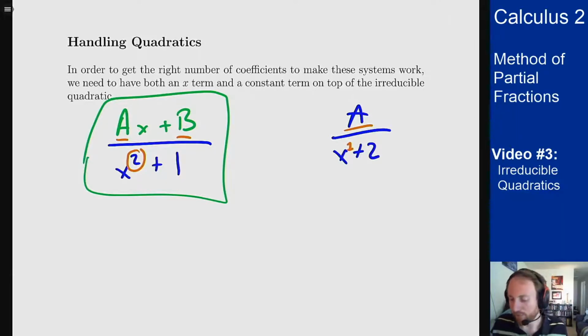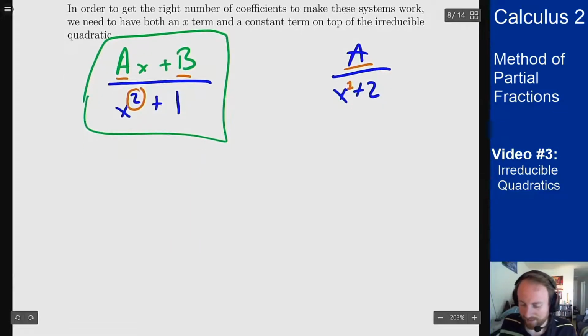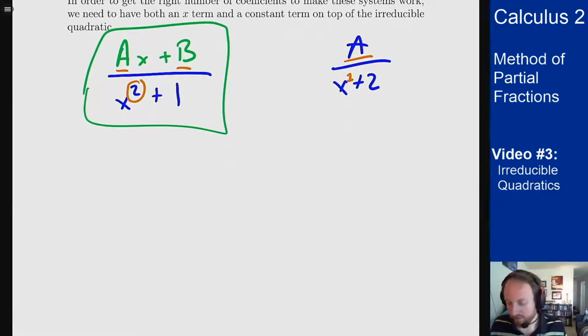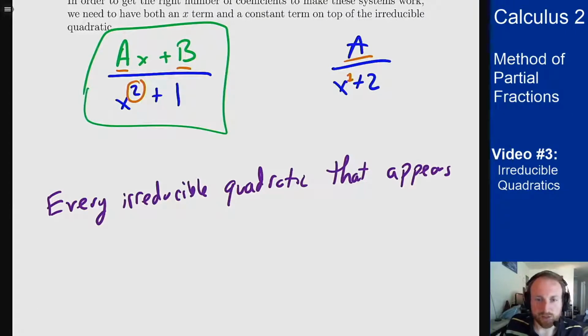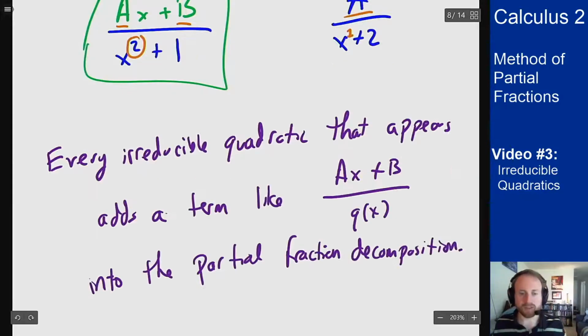So to make a partial fraction work in this context, I need to have ax plus b on top for my irreducible quadratics. Every irreducible quadratic that shows up adds a term of the form ax plus b over that quadratic into the partial fraction decomposition. We'll add those terms into our decomposition and then integrate from there.